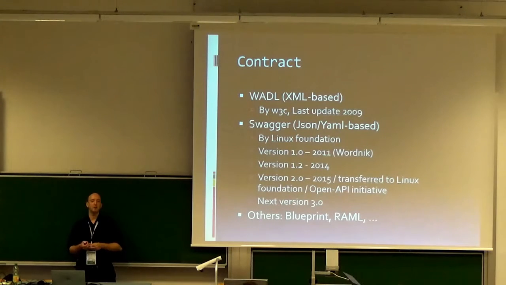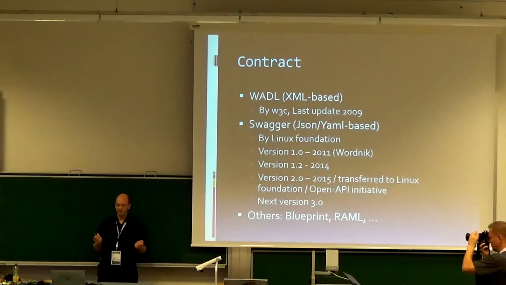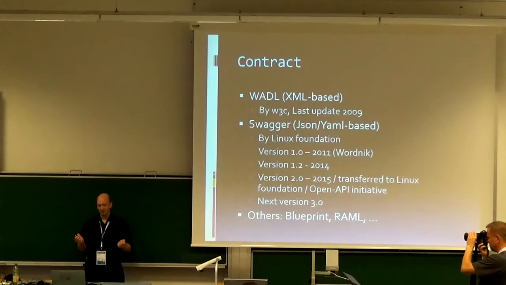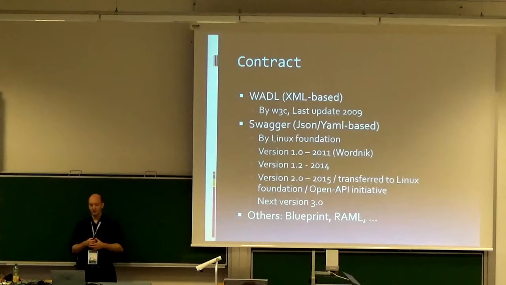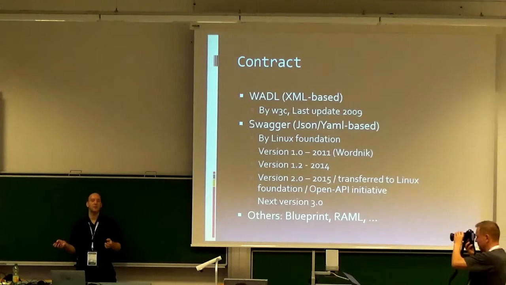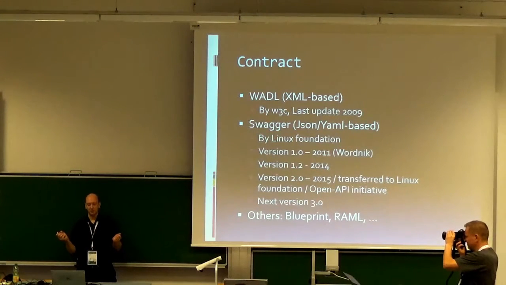It is currently run by the Linux Foundation. And originally it has been founded by a company named Wordnik. And it has progressed over the years. And last year, the Linux Foundation has transferred the Swagger specification to the Open API initiative. And yeah, it's constantly developed.